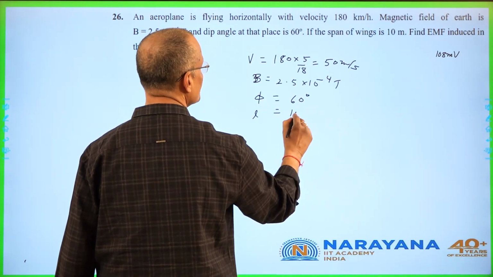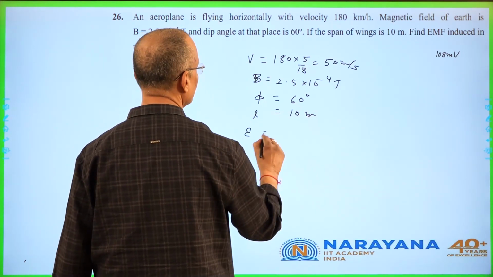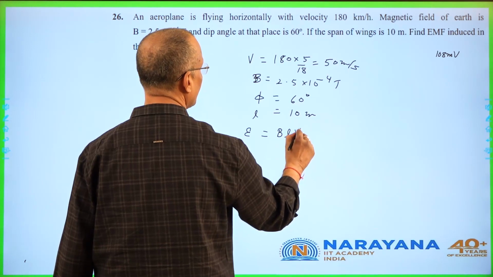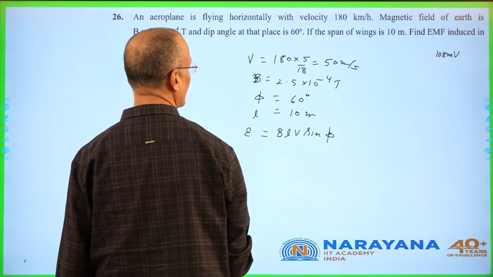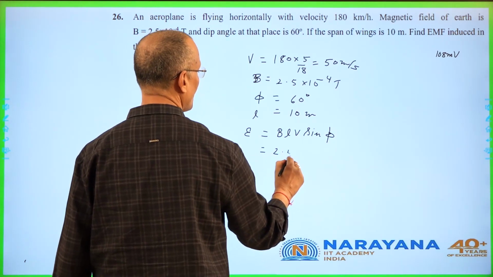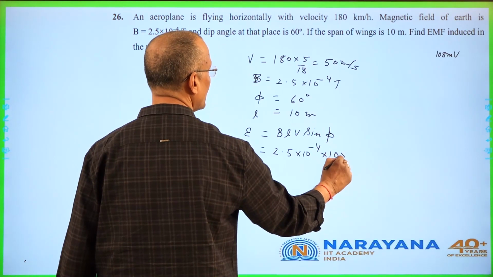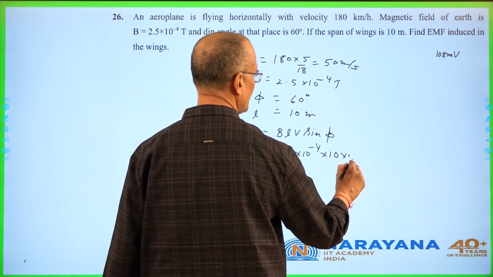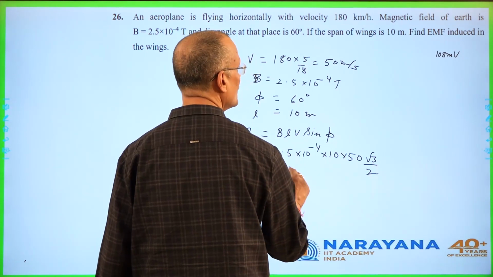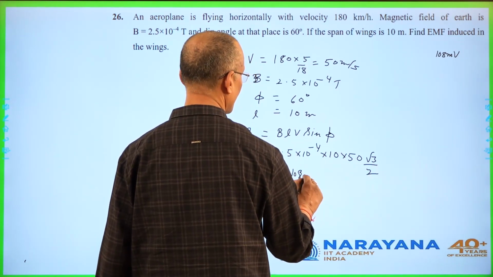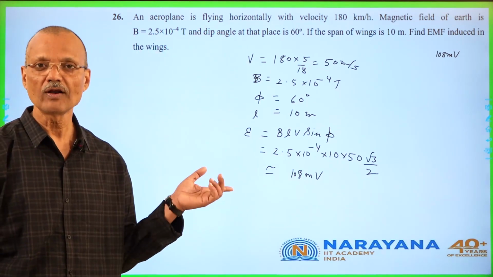Length span 10 meter. Already I have done EMF induced, BLV sine phi. B 2.5 10 to the power minus 4, L 10, V is 50, sine 60 root 3 by 2, you will be getting 108 nearly millivolt. I had already done this.